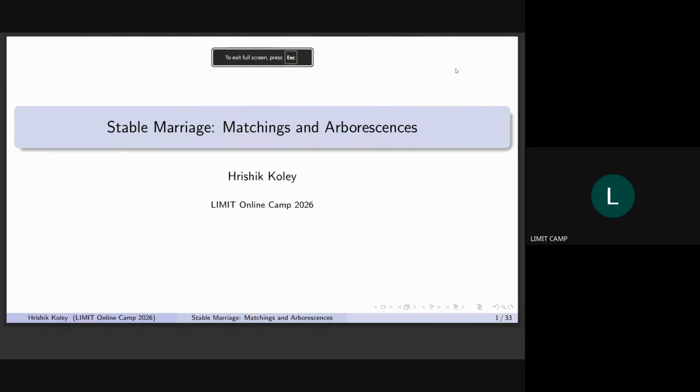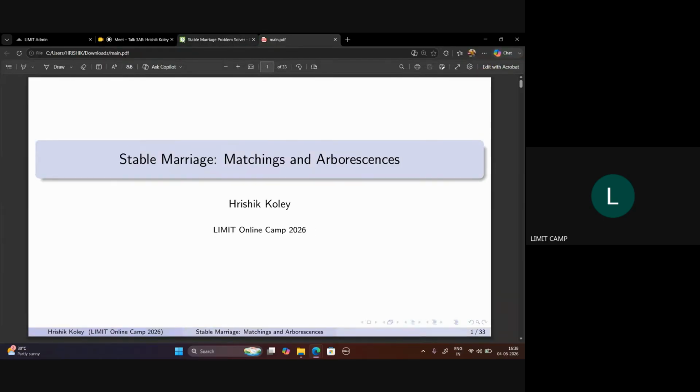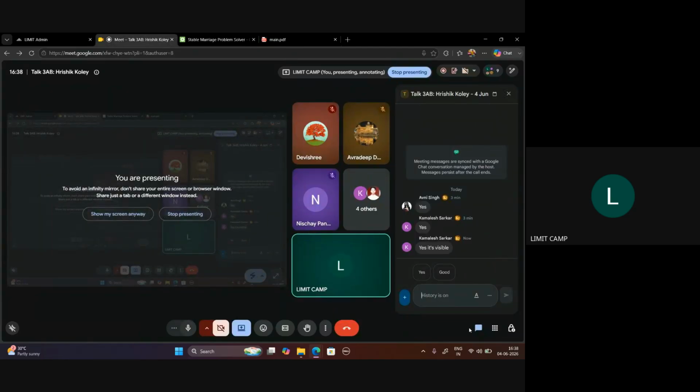Yeah, so I'll be speaking on something called matchings and arborescences. So how many of you know what a graph is, to start with? Well, better yet, is there anyone who does not know what a graph is?